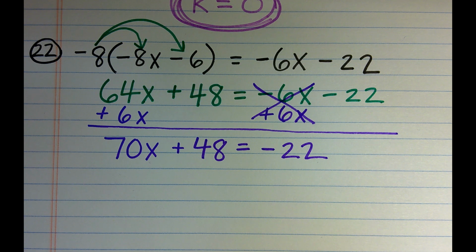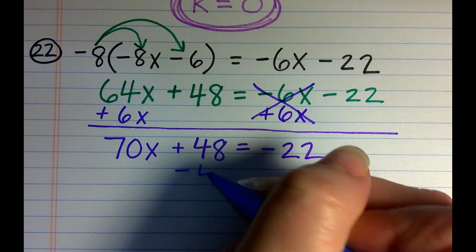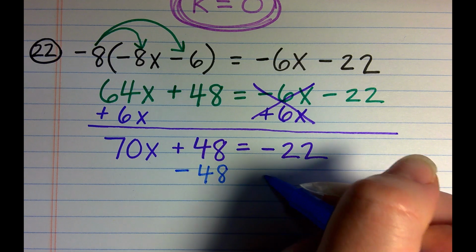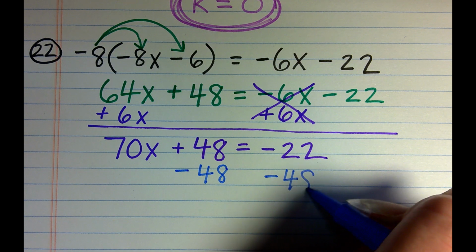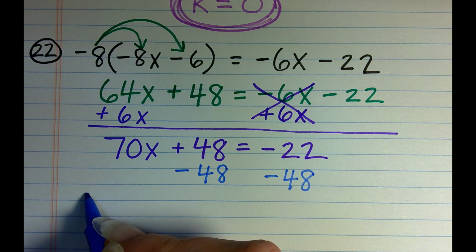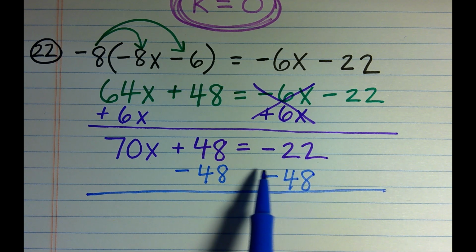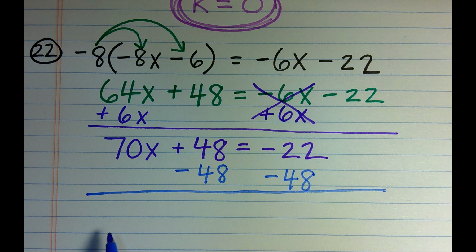And subtract 48. Yes, we're gonna subtract 48 now. So let's do that. Minus 48 on both sides. Now be careful when you subtract a negative from a negative. What happens when I do negative 22 minus 48?